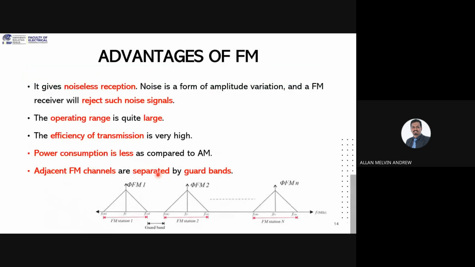So, advantages of frequency modulation. Of course, compared to amplitude modulation, FM has more advantages. The first advantage is that it gives noiseless reception, meaning no interference in between, unless you are in a zone where interference happens. Even if you are using a radio in the car, you just turn on the FM.